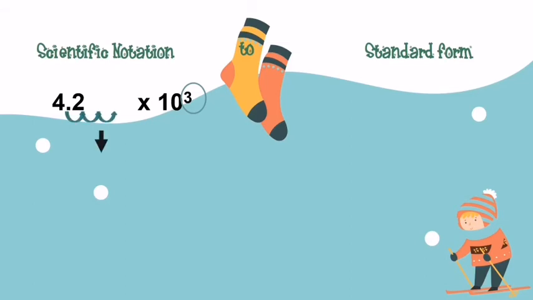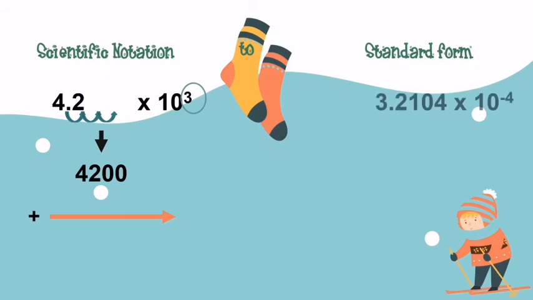And what you will do is to place these empty places into 0. So it will become 4,200. So this is now the standard form of your scientific notation. And if you observe, your exponent is positive and you move your decimal point to the right direction.